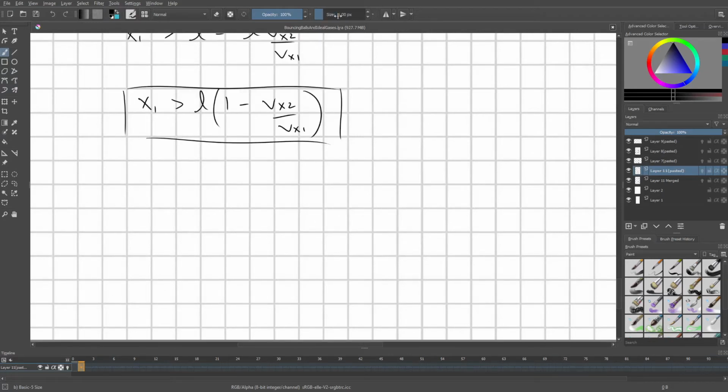Let's discuss what this means for our set of particles. Remember that when this condition is met, we get two collisions per time chunk L over Vx1.